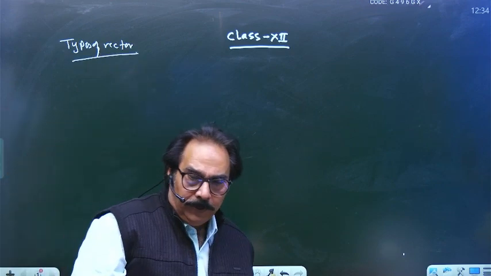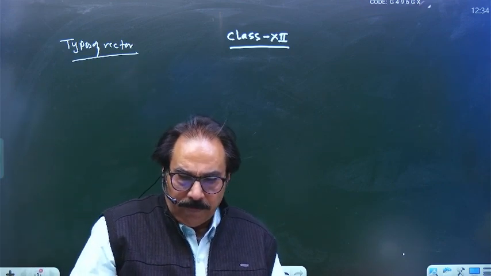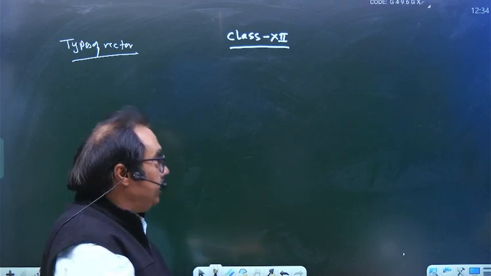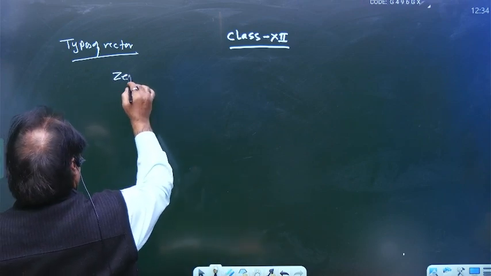So first of all, in the types of vector, there is the zero vector or null vector.